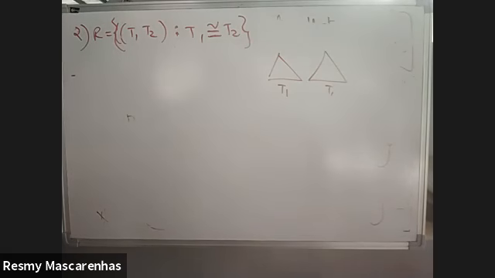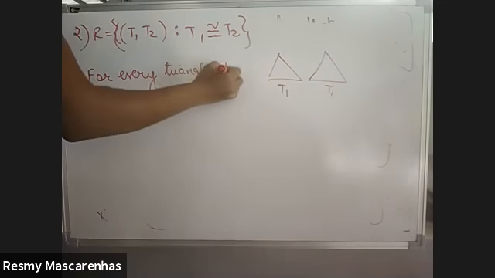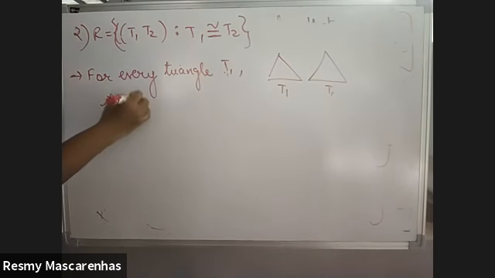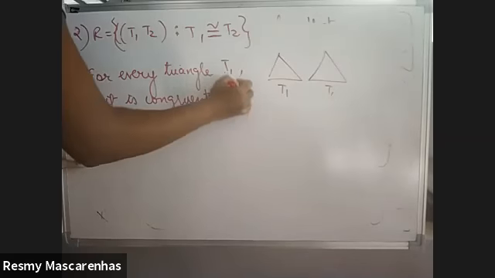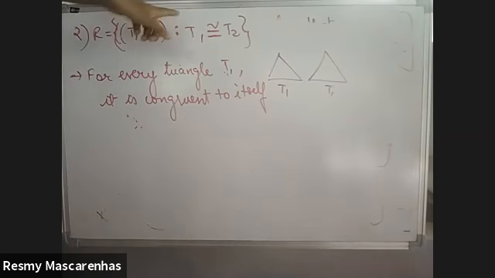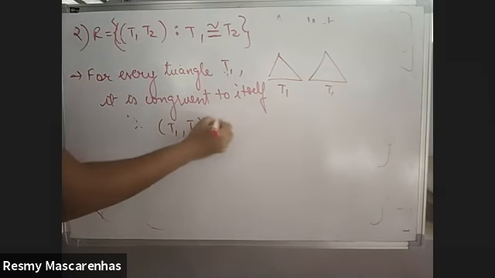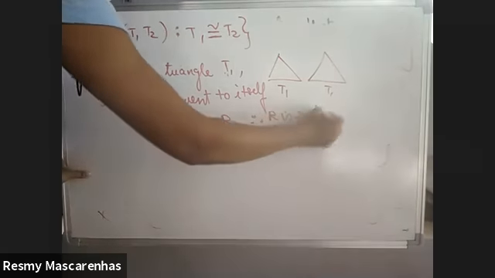So same as for parallel, you have to write again: for every triangle T1, it is congruent to itself. So it is satisfying the condition. So T1 comma T1 belongs to R. Therefore, R is reflexive.